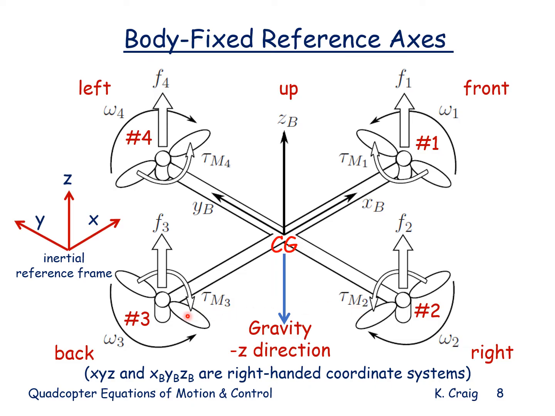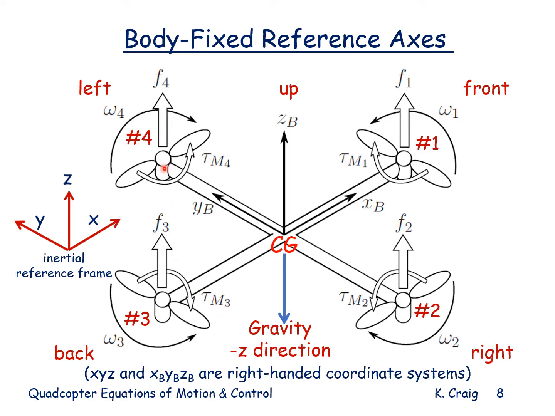Similarly, motor 3, which rotates in the counterclockwise direction, the reaction torque from its motor, rotor, and propeller act on the quadcopter frame in the clockwise direction and is indicated by tau sub m3.